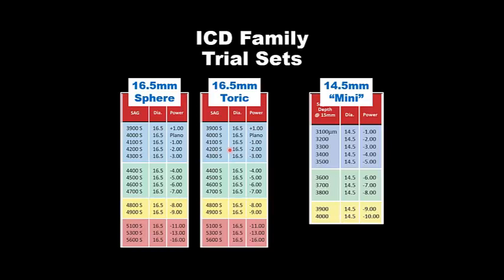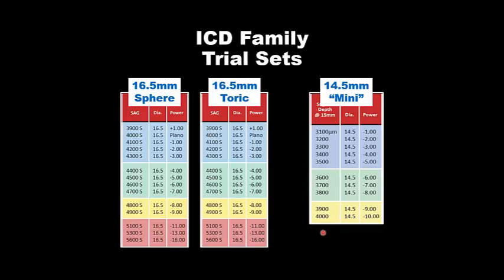The same depth of lens, the fitting is going to be very, very similar. Now the 14.5, also known as the ICD Mini, is a smaller range of lenses, 11 lenses. It doesn't include exceptionally high depths because it's not designed for the bulging eye.